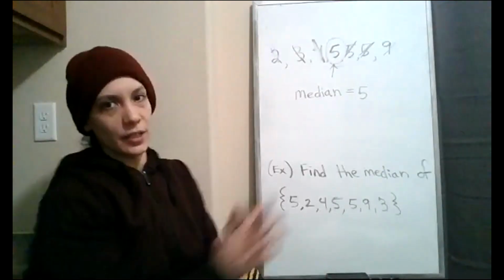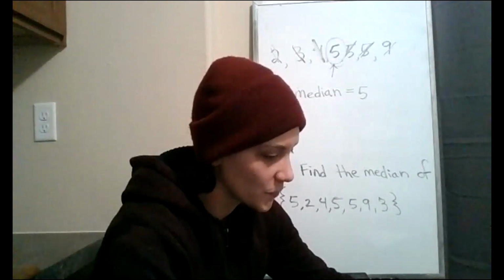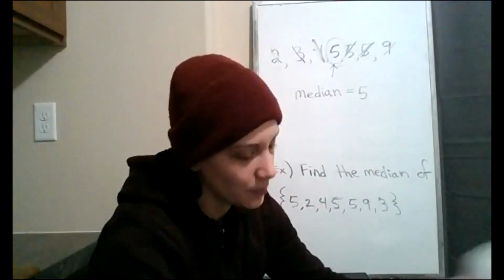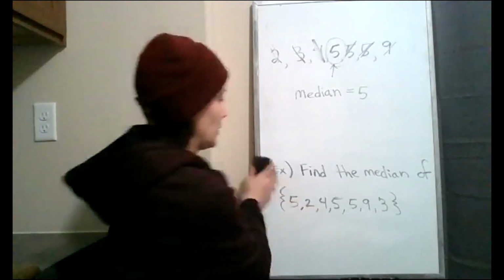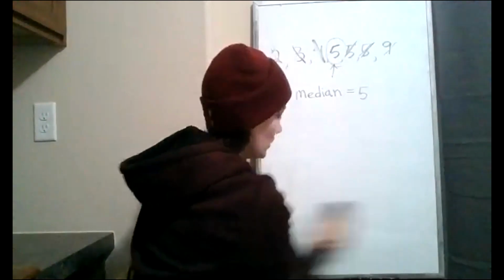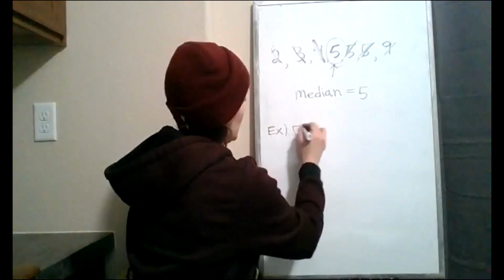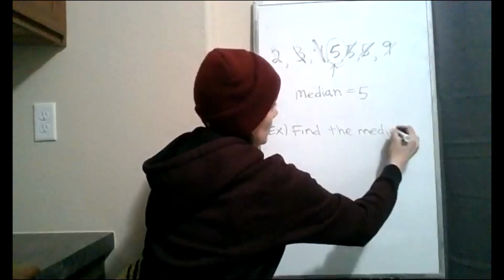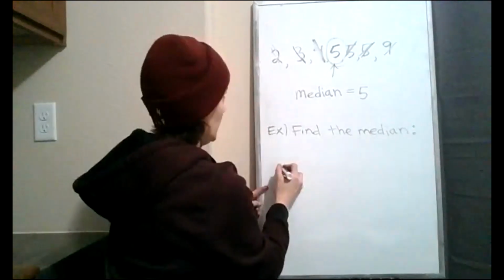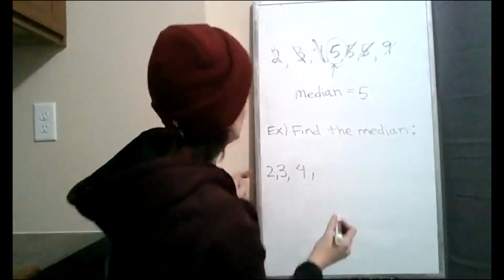I think I could even just, well, let me peek at my notes. I just want to write down what we just talked about, just like a different example. And I'm going to just skip the list. 2, 3, 4. How do I do this?